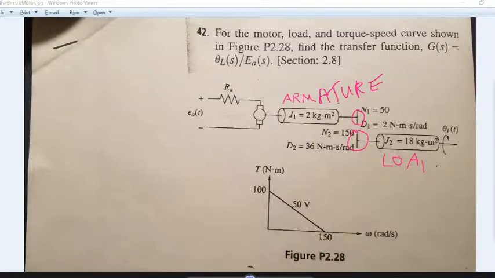So he has that also. We'll talk a little bit more about what his torque speed curve means, but for now we're just going to find out what the motor parameters are. He gives this to us so that we can find the motor parameters ourselves.